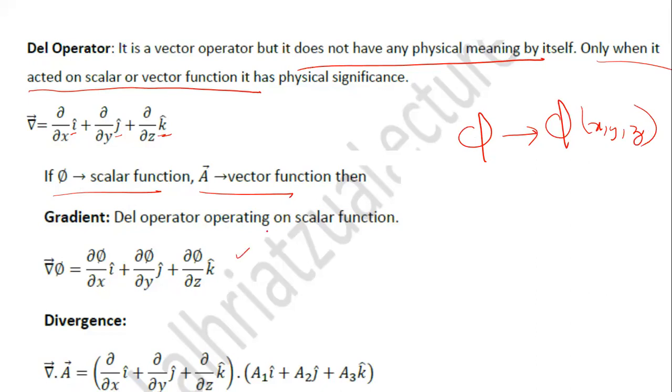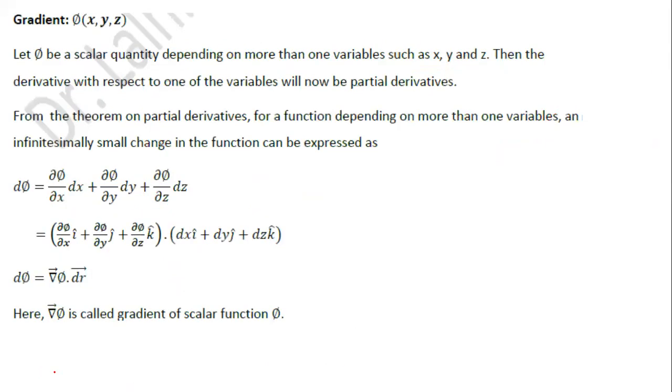So when this vector operator operates on this scalar quantity, the scalar function will be differentiated with x, with y, and also z. And divergence is when this del operator operates on a vector function, and in between this vector operator and the vector function there is a dot product, then that is called a divergence.